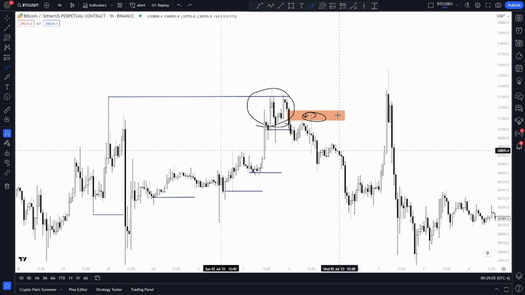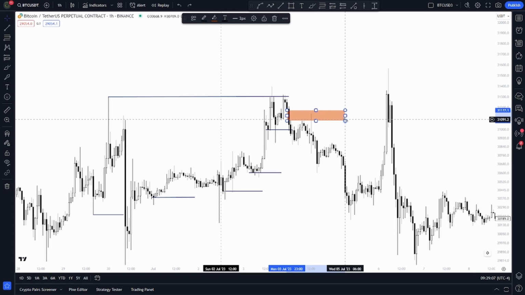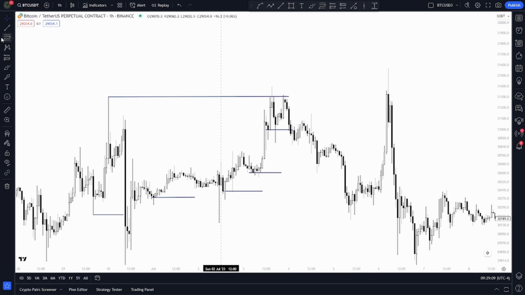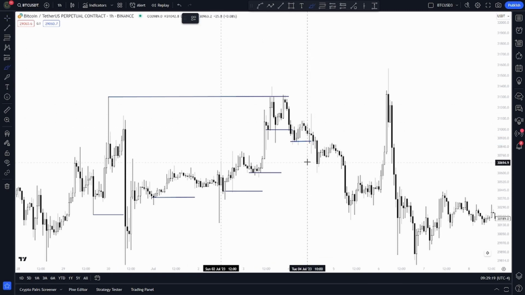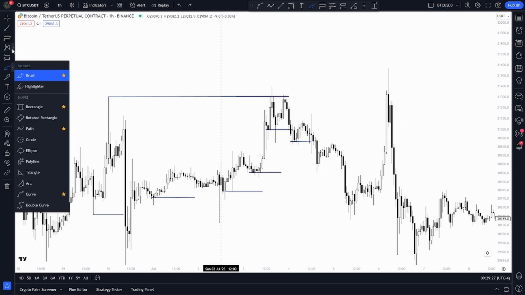For example, you miss this trade and we look for another trade. There's a lower low after this low, and then price creates another low. So we say that there's a market structure. This low creates the market structure, and we look for a fair value gap again.